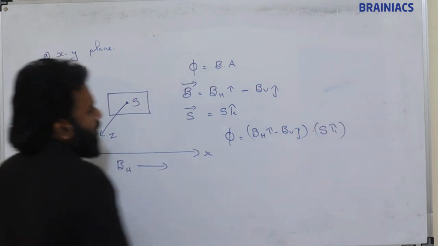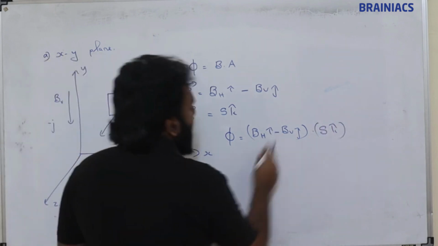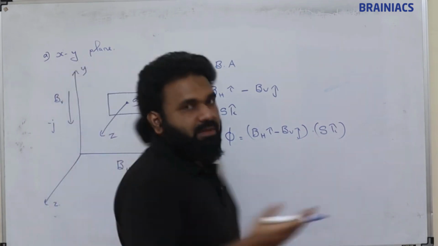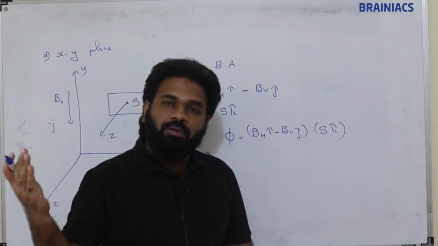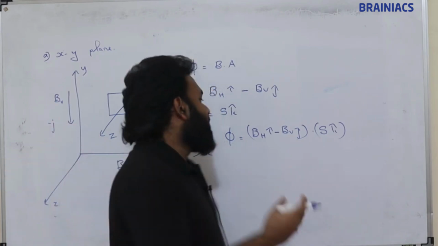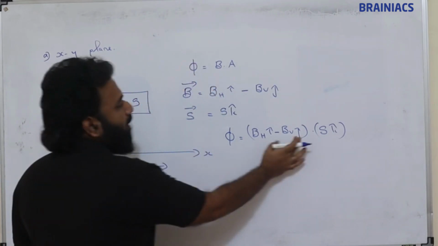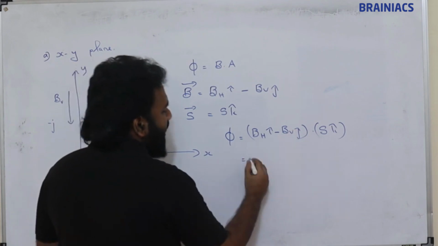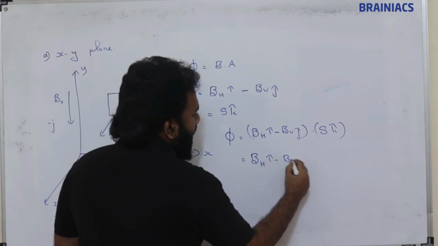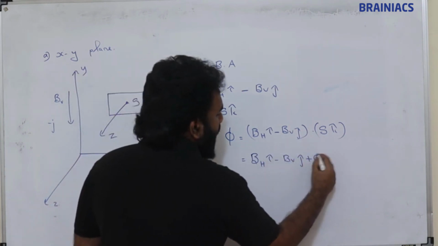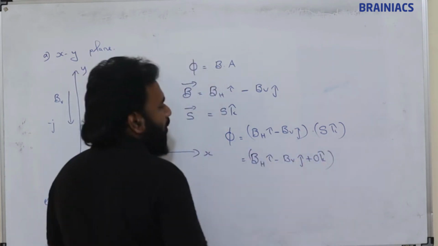In the previous question I showed you, when you do a dot product, wherever components are not written, just put 0. This is like BH i minus BV j plus 0 k, the complete form.